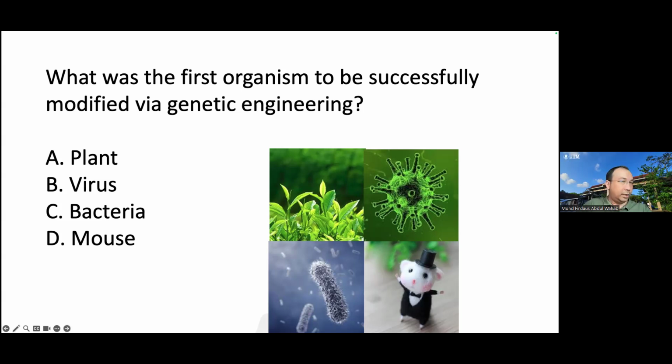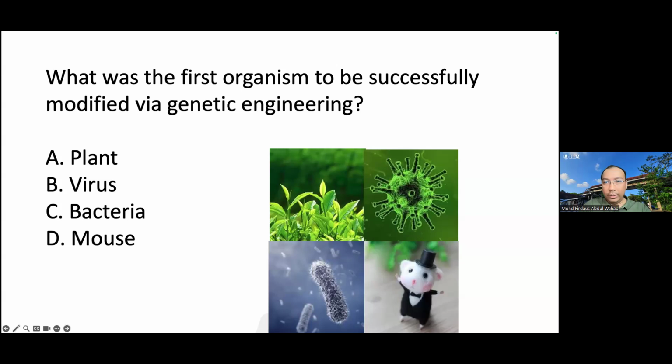Do you know the first bacteria to be genetically modified? It's the most famous bacteria of all, which is E. coli. As we know, it's a common bacterium. And the breakthrough actually happened in 1973, if I'm not mistaken, by Boyer and Cohen.